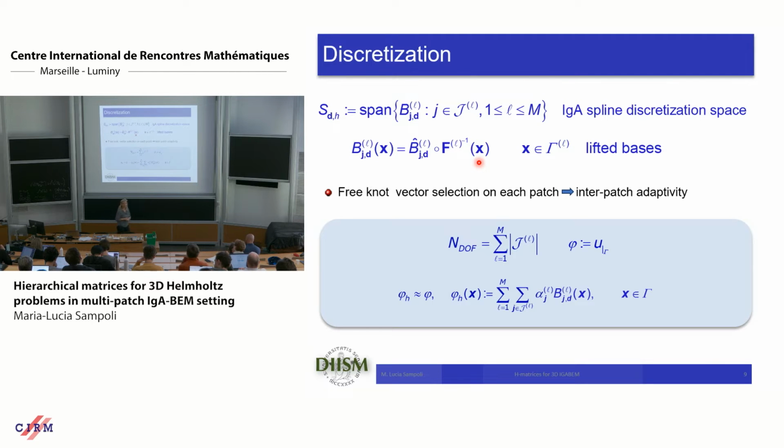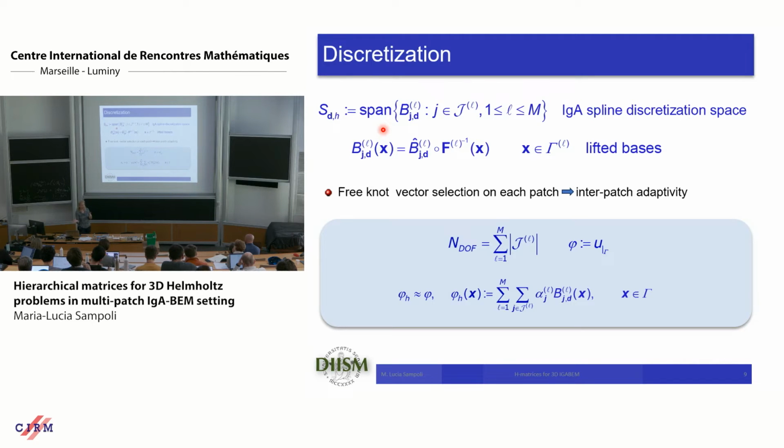Now for the discretization of our solution, we are using a spline space. And of course, this spline space we can define on the computational domain, and this can be obtained as a classical bivariate spline space defined over the parametric unit square.